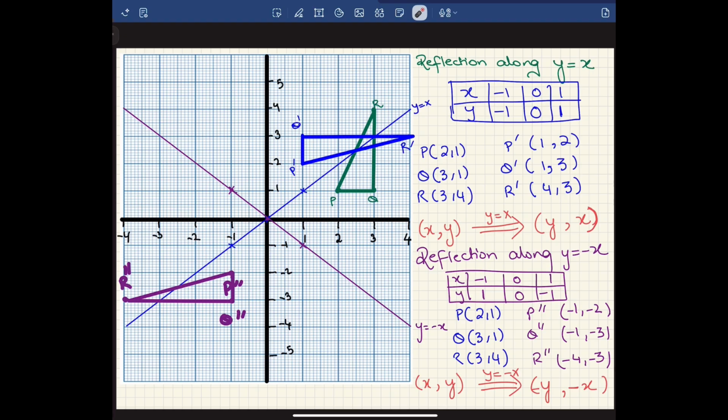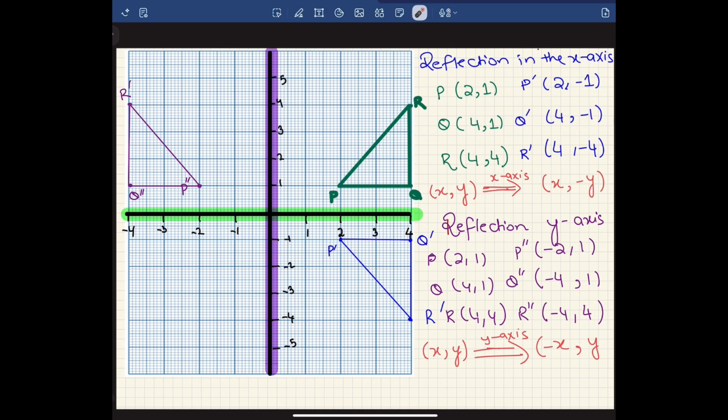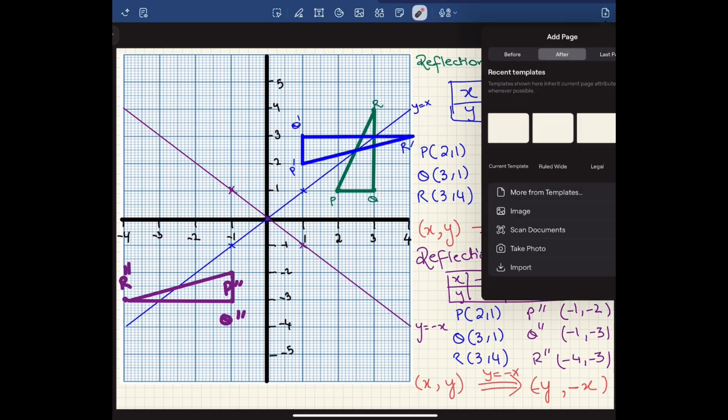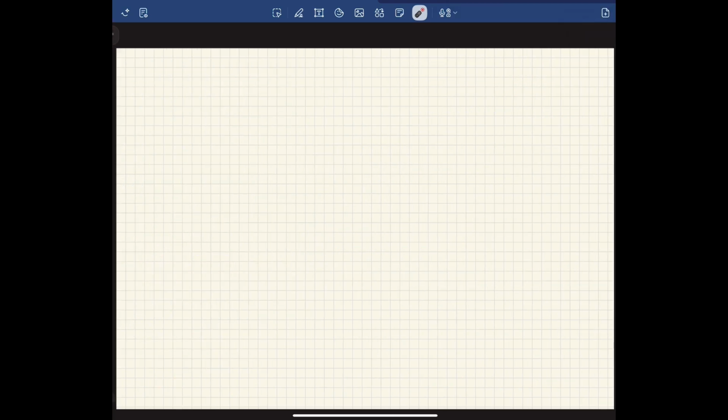So these are the 4 standard cases, and if you come across reflection in any of these 4 cases, I would highly recommend that you memorize these 4 rules, as they're going to help you save time in the papers.